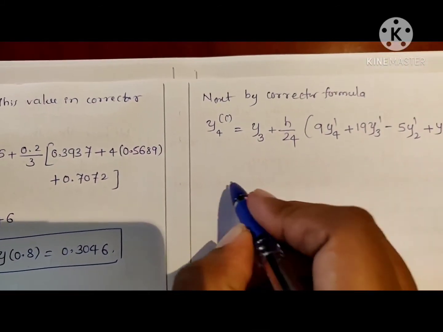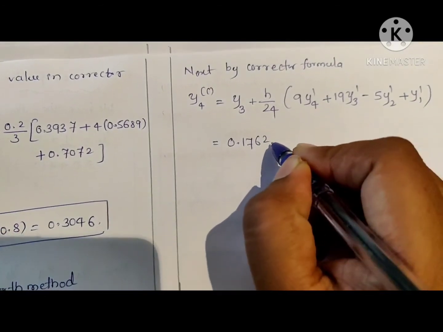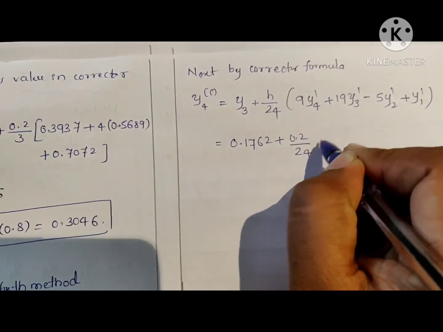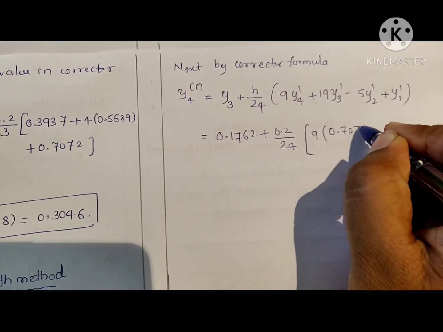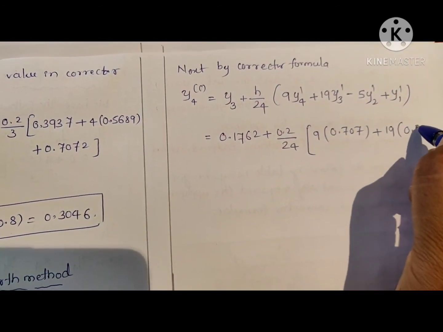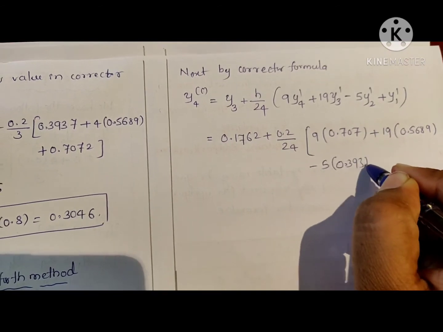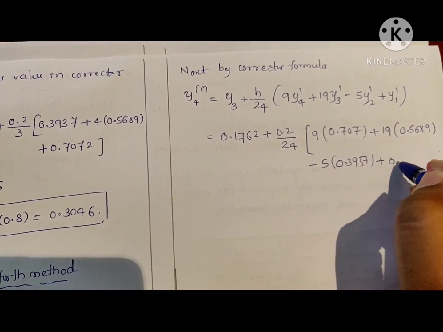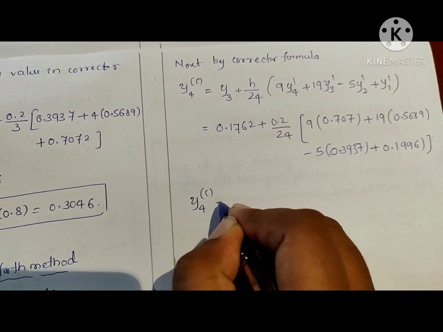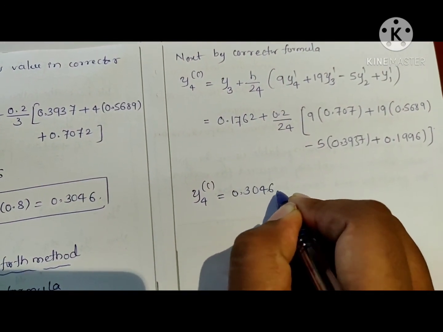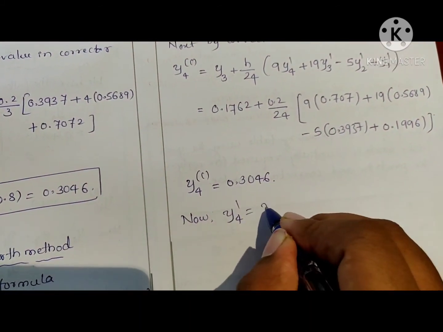So y4 of c: y3 is 0.1762 plus 0.2 by 24, 9 times y4 dash, y4 dash is 0.707, plus 19 y3 dash, 0.5689, minus 5 times y2 dash, 0.3937, plus y1 dash, 0.1996. So y4 of c is equal to 0.3046.